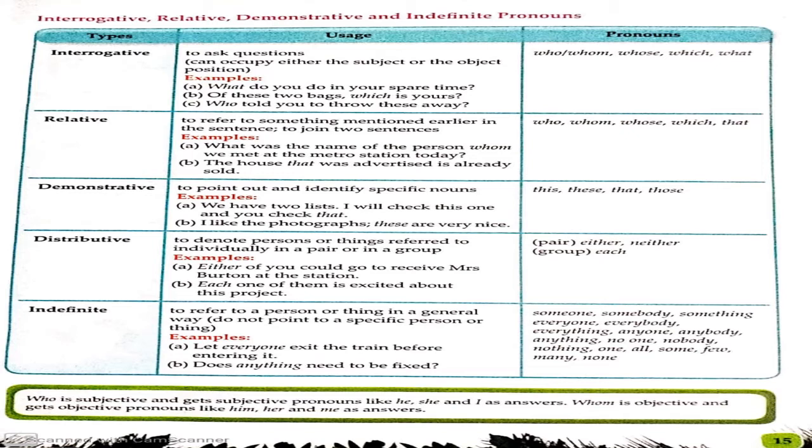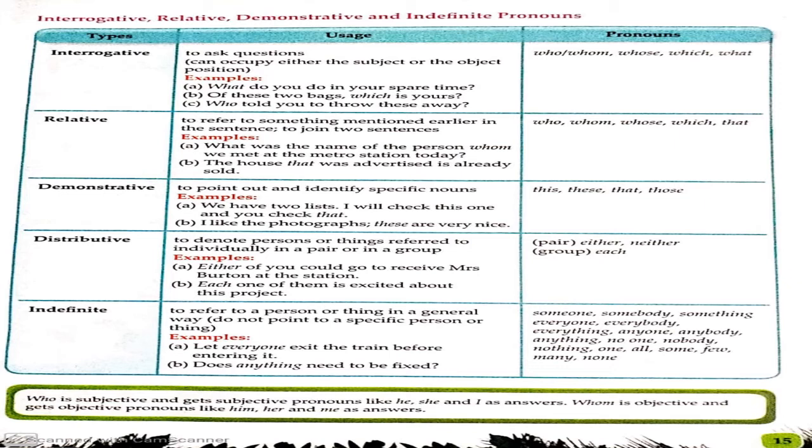Now next is indefinite pronoun. It refers to a person or thing in a general way. They do not point to a specific person or thing, but to the general. Okay, let everyone exit the train before entering it. So here you can see the word everyone. Okay, when we are saying something general, then we use words like this.